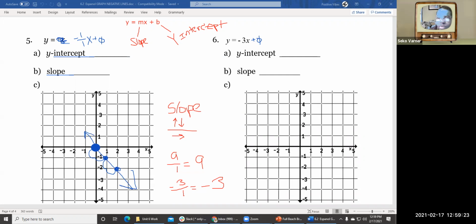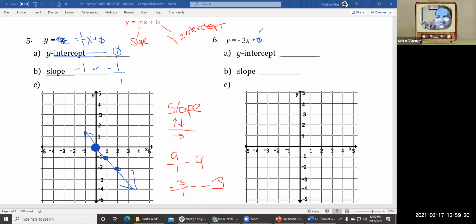Now, if you have an eraser, you can erase the movements because that's the part that they want to see, okay? So the y-intercept is 0. The slope is -1 or -1/1. It's the same thing.